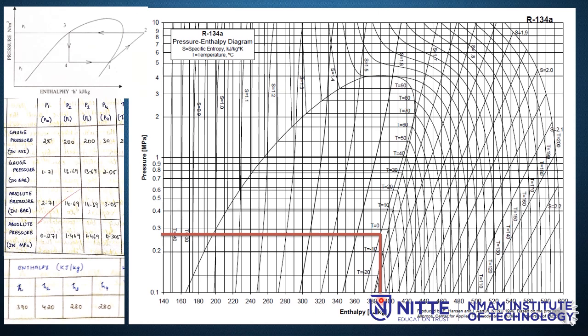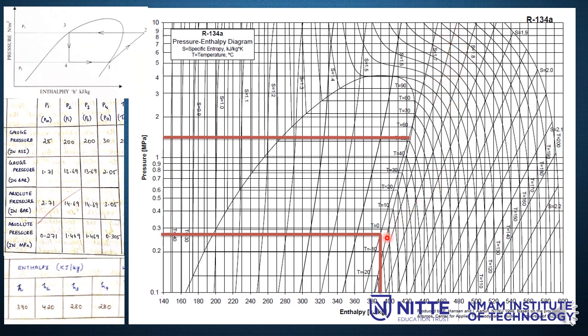Now go for the higher pressure. The higher pressure is 1.469 megapascals. 1.469 megapascals comes here. Draw a line here again to the dry side, and then from point number 1 identify the nearest parallel line or constant entropy line. I see that these are the constant entropy lines, and the nearest constant entropy line to point number 2 is this one.